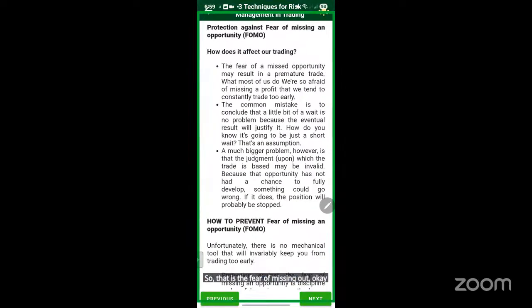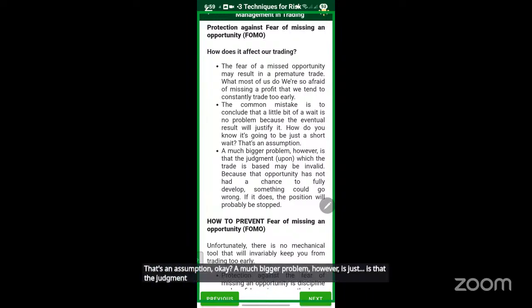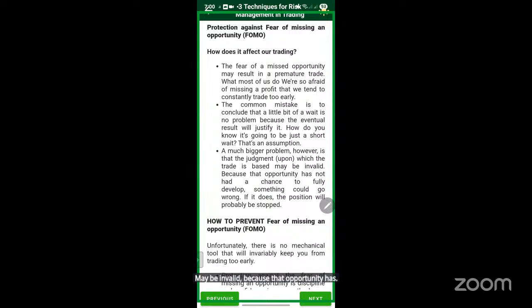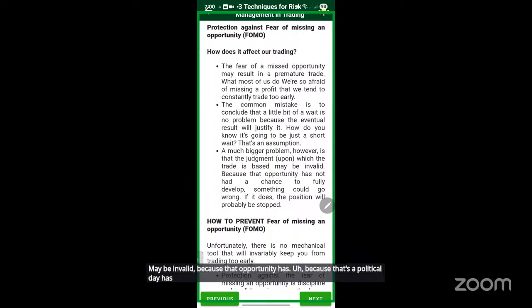Okay, fear of missing out. The common mistake is to conclude that a little bit of a wait is no problem because the eventual result will justify it. How do you know it's going to be just a short wait? That's an assumption. A much bigger problem, however, is that the judgment upon which the trade is based may be invalid because that opportunity has not had a chance to fully develop.